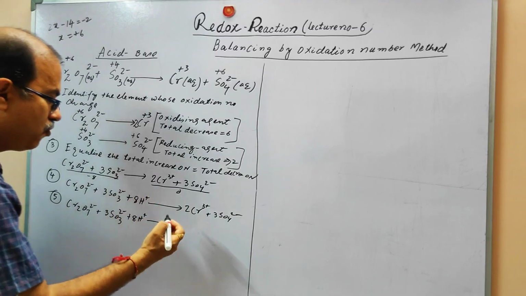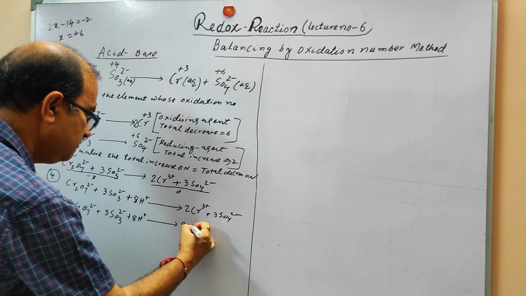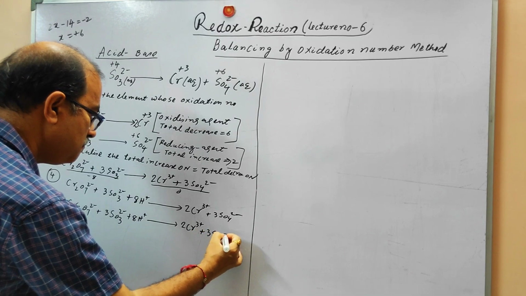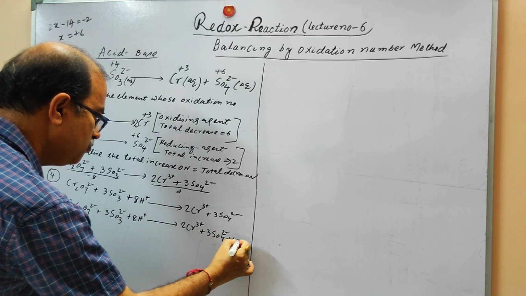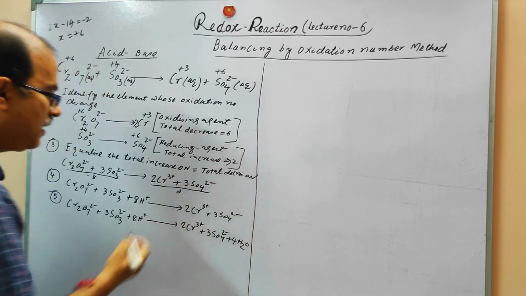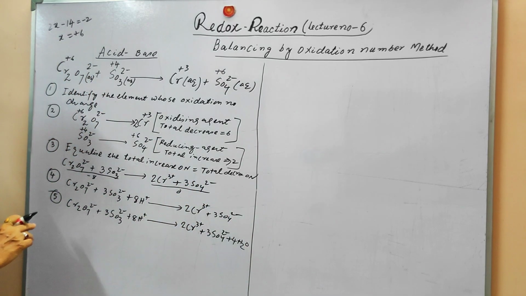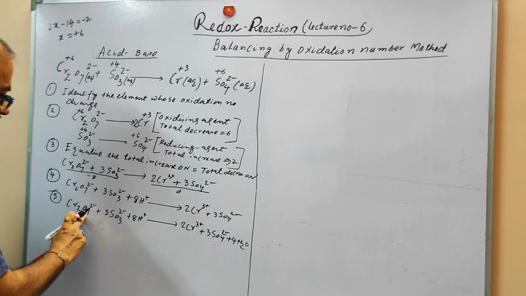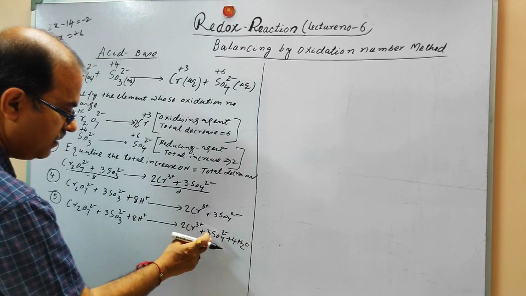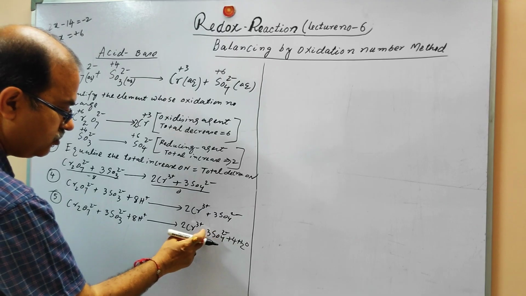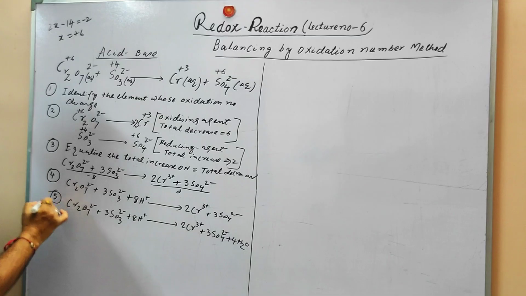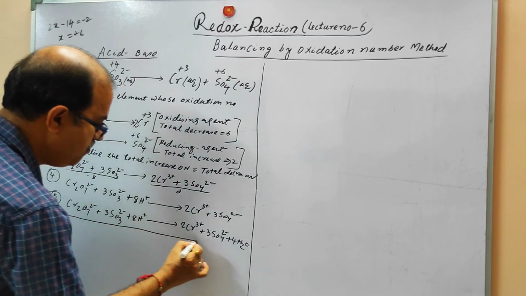Because it is 8, we have to add 4 molecules. Four molecules we will add. Yes. Now we will count the chromium atoms. Chromium atoms are 2. Oxygen you can count: 9, 16, and here in total 4, this is 14 and 4, 16, and everything is balanced. Now this equation is balanced.